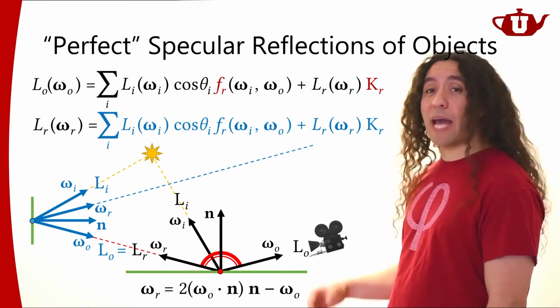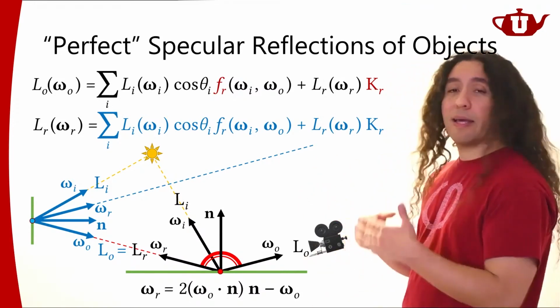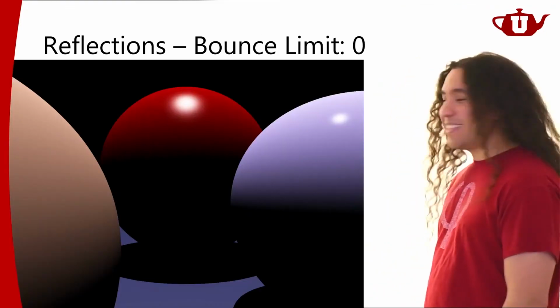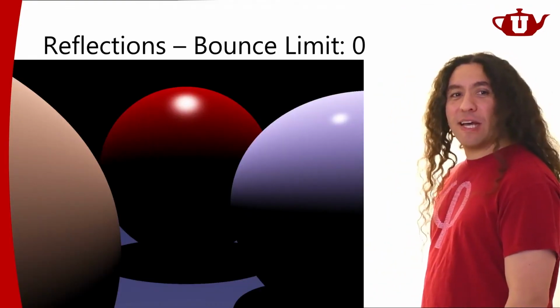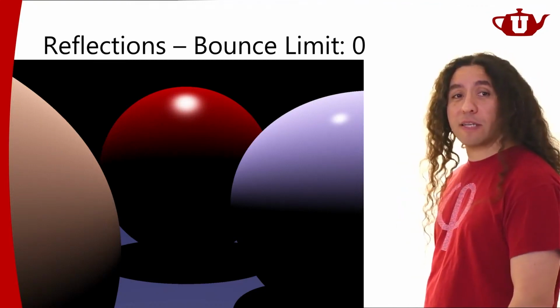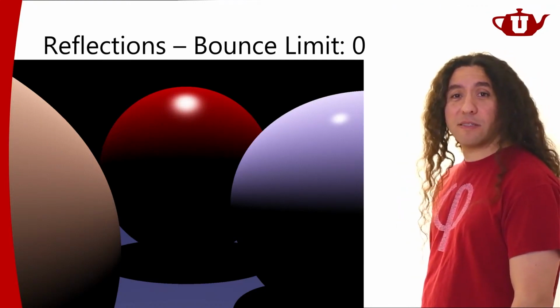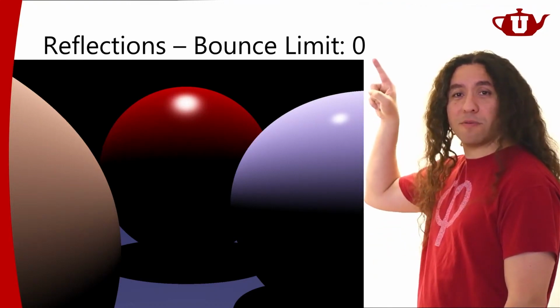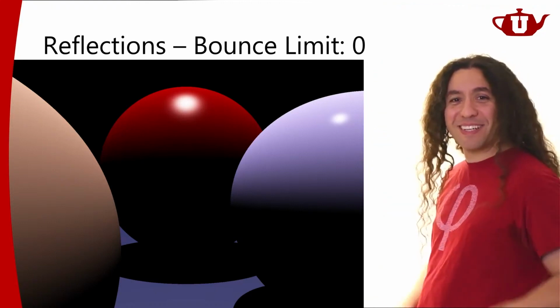In a lot of cases, after a certain number of bounces, it's not going to be that important. For example, if you look at this scene, I have some spheres and very nice reflections on these spheres, right? You see the reflections? You don't see the reflections? You can't see the reflections because my bounce limit was 0, so I couldn't do any reflections here.